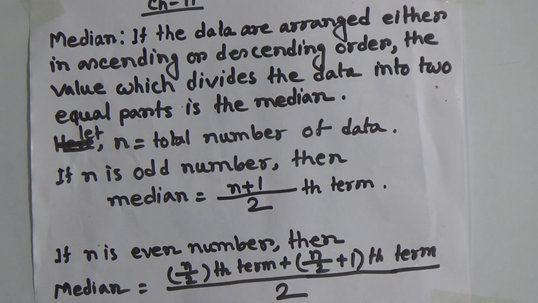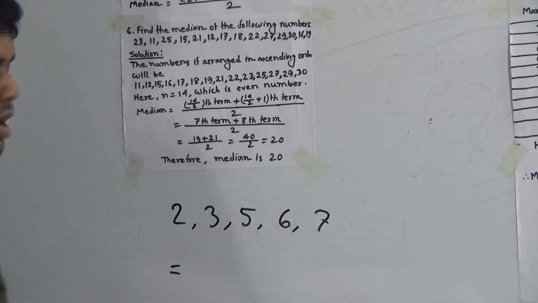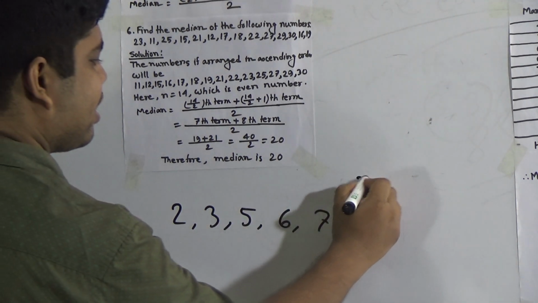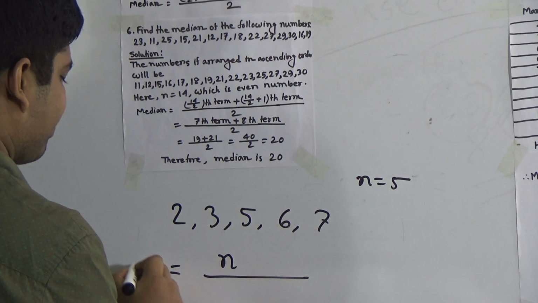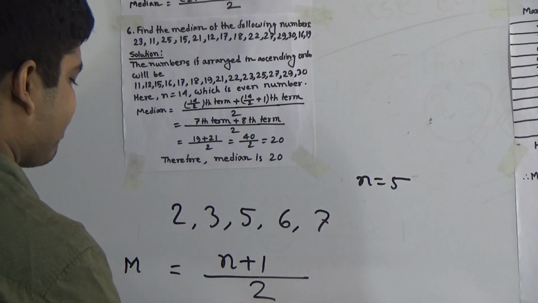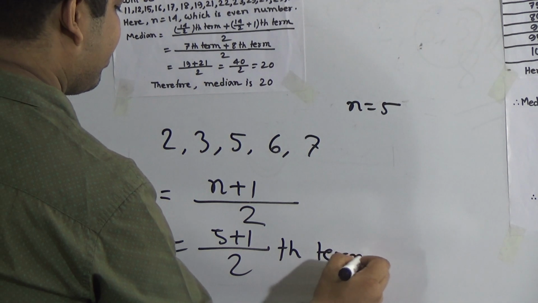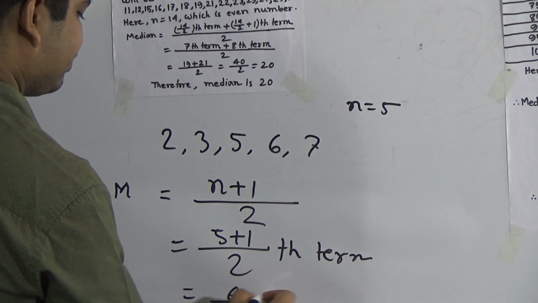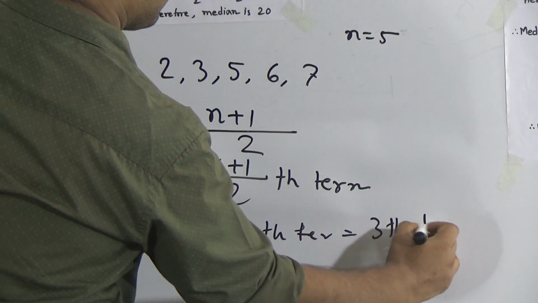Okay. Suppose 2, 3, 5, 6, 7. So 1, 2, 3, 4, 5. There are 5 data and n equals 5, which is an odd number. So the formula of median will be median equals (n plus 1) by 2. Here n means 5. So (5 plus 1) by 2 th term, that is 6 by 2 th term, that means the 3rd term.